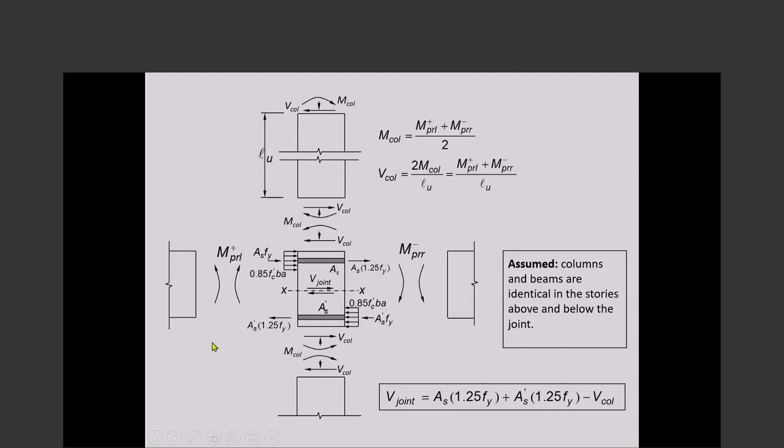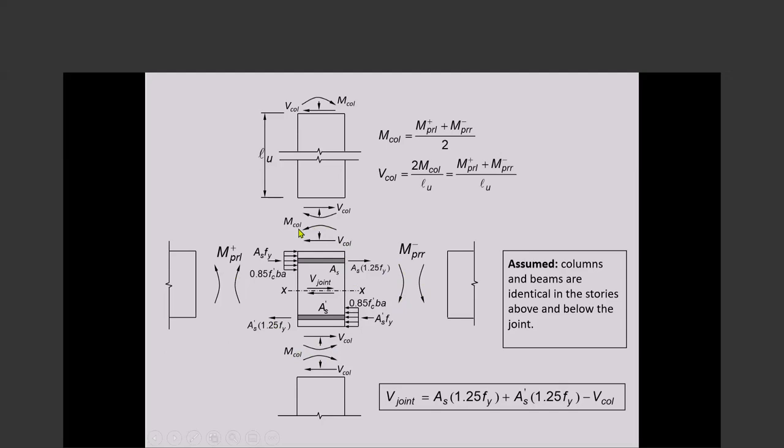So this joint is acted upon by M sub PR L positive to the left and M sub PR R negative to the right. So for equilibrium, those two moments added together divided by 2, if the upper column and the lower column are identical, would be the bending moment that would develop in the column.